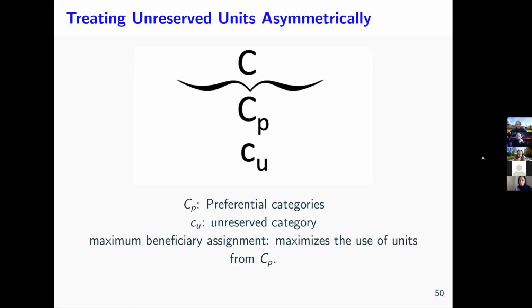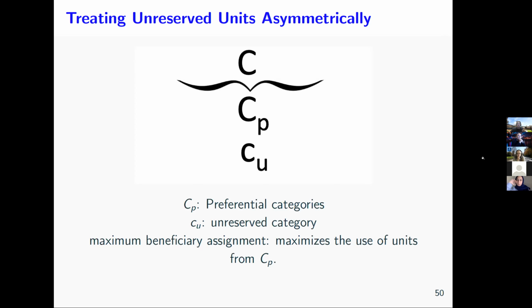So firstly, for the unreserved category, we will assume that the unreserved category has the same priority ordering as the baseline ordering, or alternatively, the baseline ordering is the same as the priority ordering we have for the unreserved category. And secondly, the way we are using it asymmetrically is that we also have this axiom called the maximum beneficiary assignment property, which is not about finding a matching of maximum size.